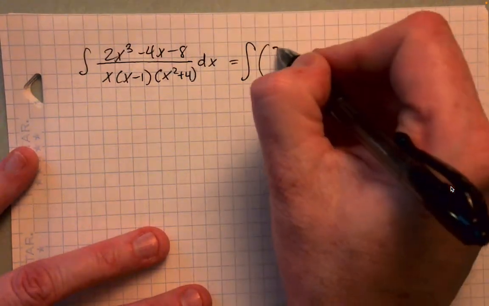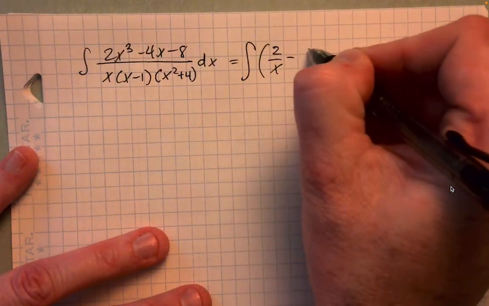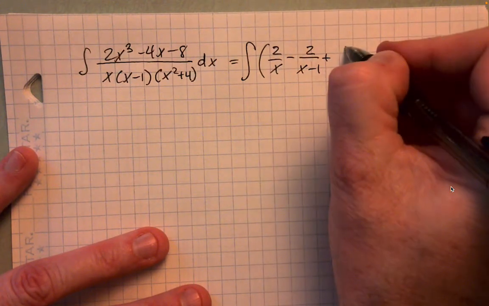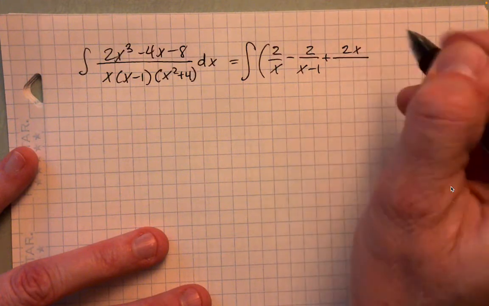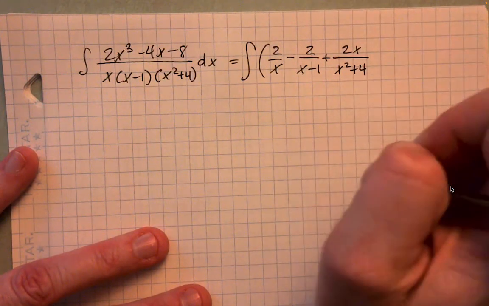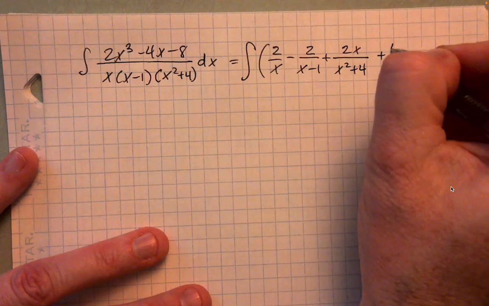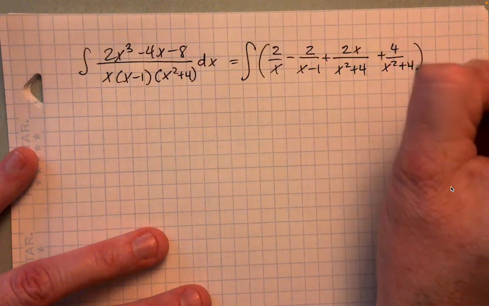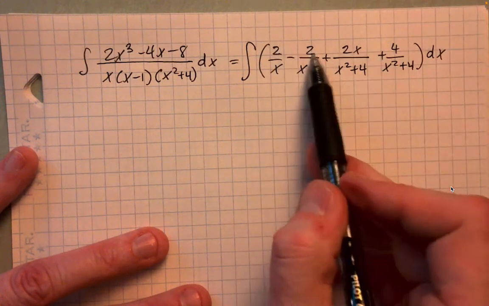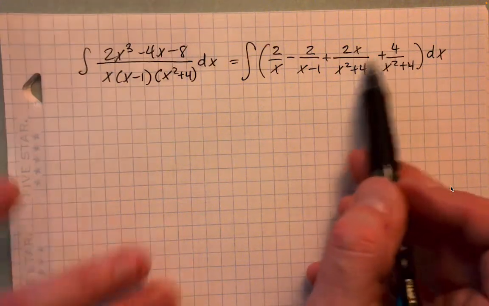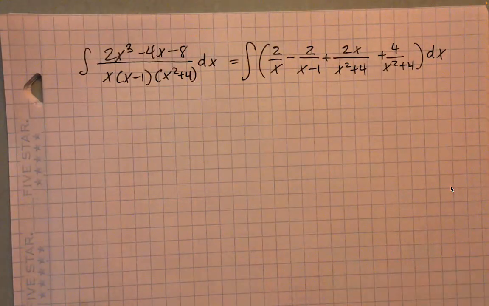And we get 2 over x minus 2 over x minus 1 plus 2x over x squared plus 4 plus 4 over x squared plus 4, right? So just make sure this is our a, b, c, and d, right? I kind of broke the cx plus d term apart already.